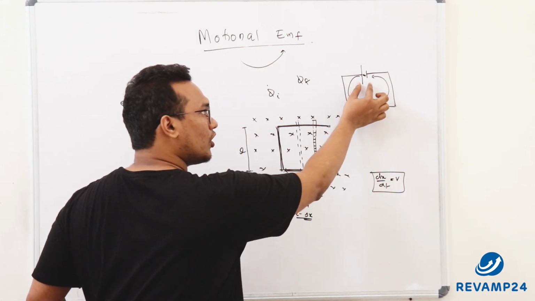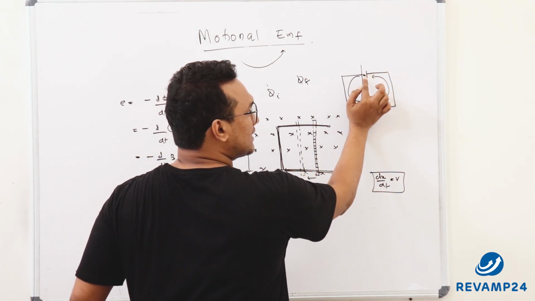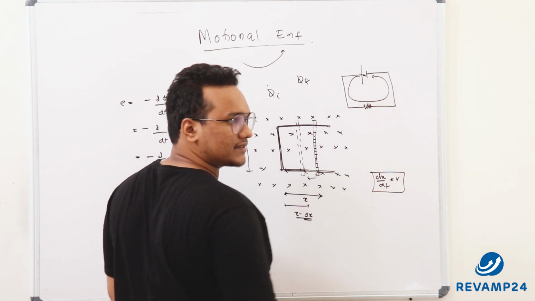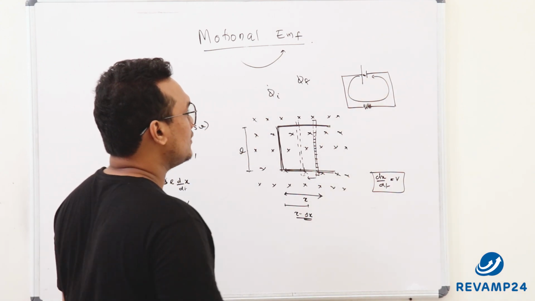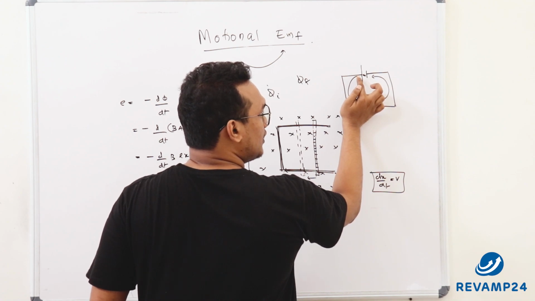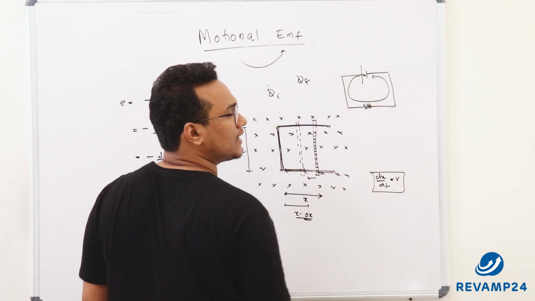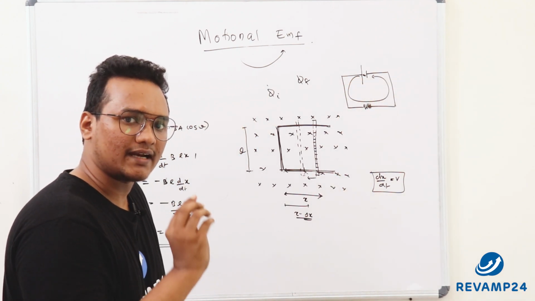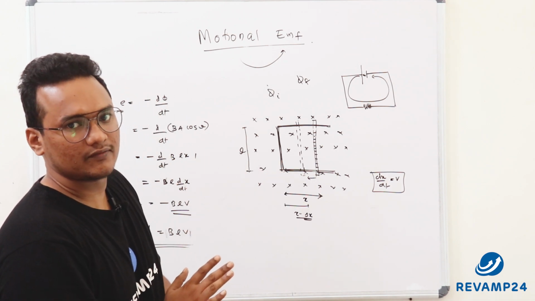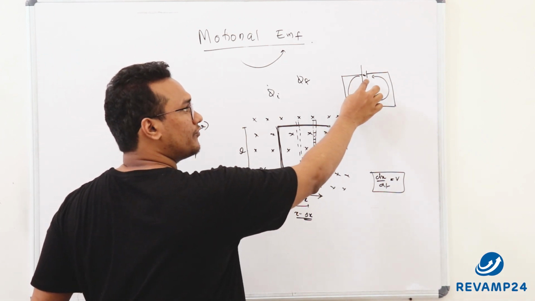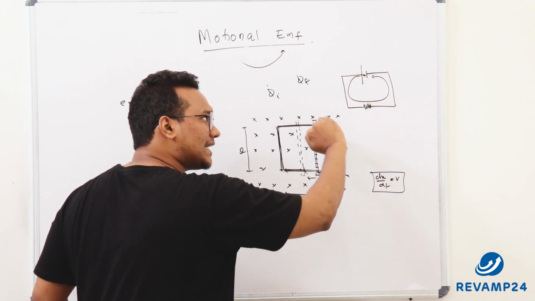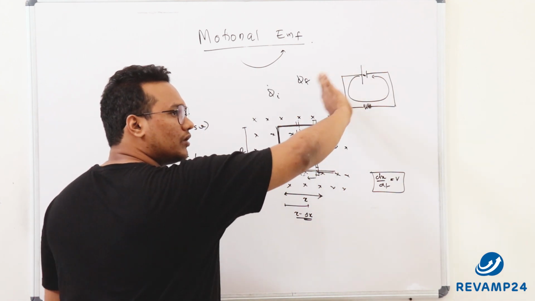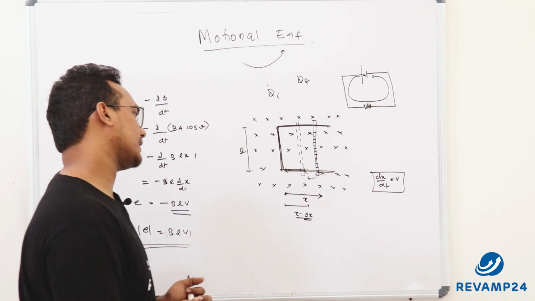So inside the source, inside the EMF source, current is going from negative to positive. Similarly, here current will go from positive to negative. So we can generalize that current will always flow from positive to negative. It can also flow from negative to positive inside the cell. But in the circuit it will always be from positive to negative.